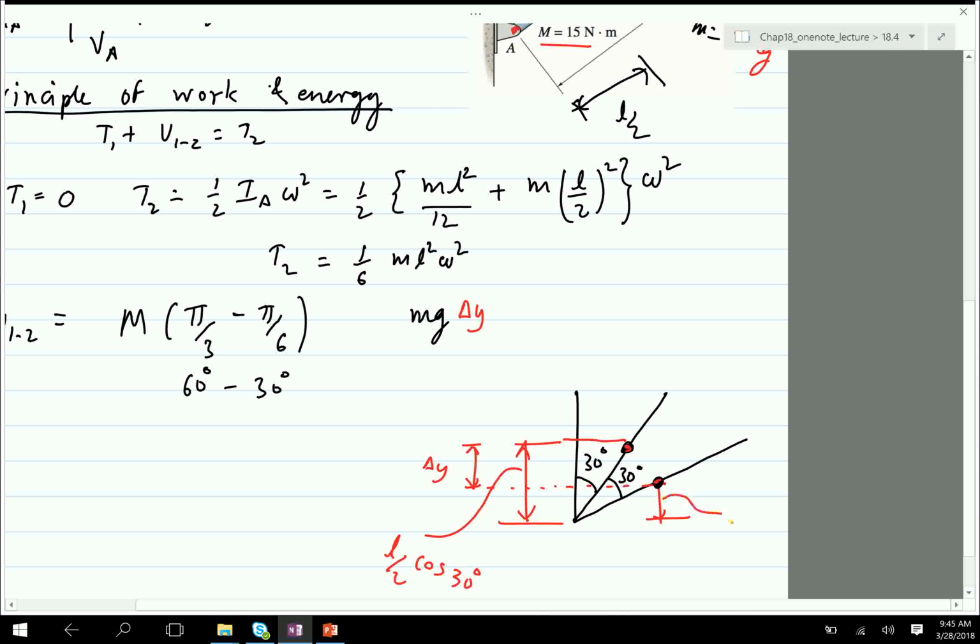And then I find this, which is L divided by 2 cosine of 60 degrees, right? Because the total angle is 60, so when I resolve this in this direction, this distance is going to be L divided by 2 cosine 60. So the delta y is going to be the difference.